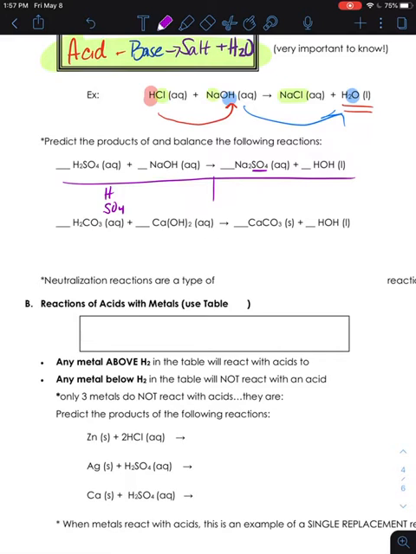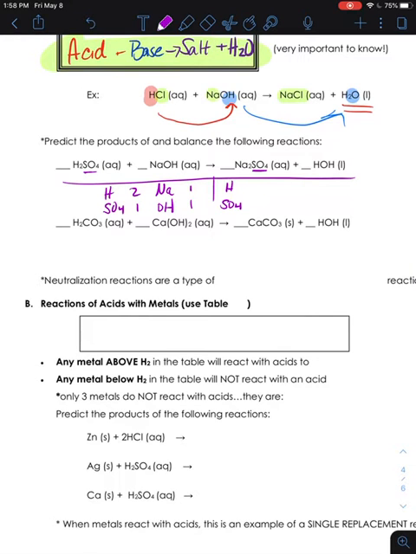SO4 stays the same on the left as it does on the right. I'm going to keep it the same as it is, left on the right. Okay, so I have 2 hydrogens, 1 sulfate, 1 sodium, and 1 hydroxide.